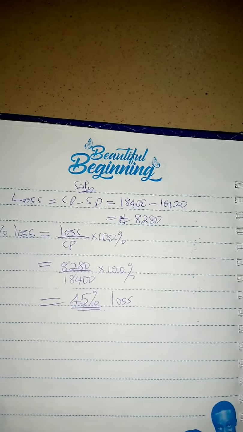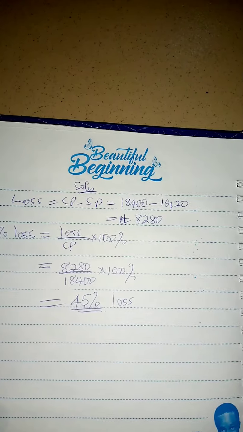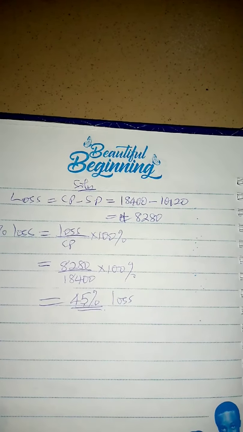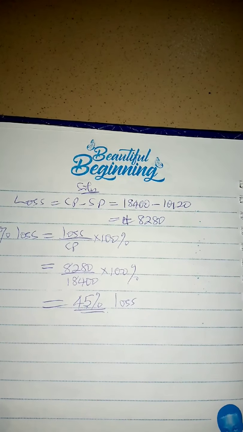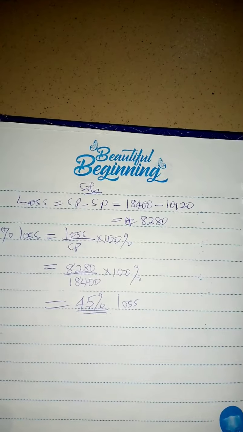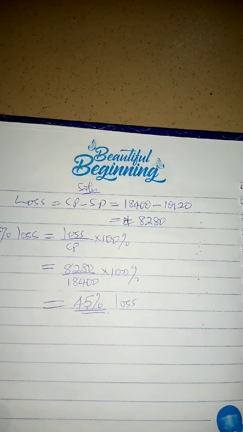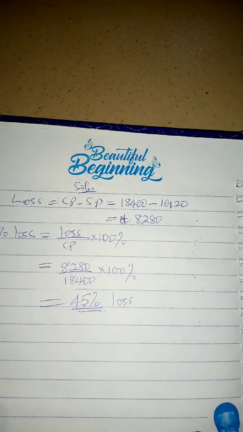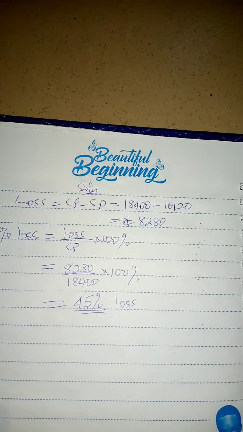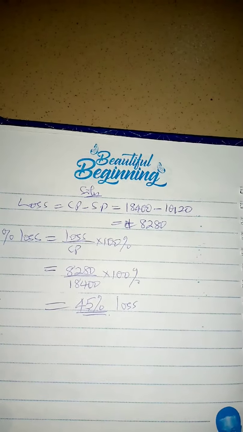Now that we know that a loss was made, we can now look for percentage loss. Go back to the note. You will see percentage loss as loss over cost price times 100%. Our loss is 8280. Our cost price is 18400, times 100%.